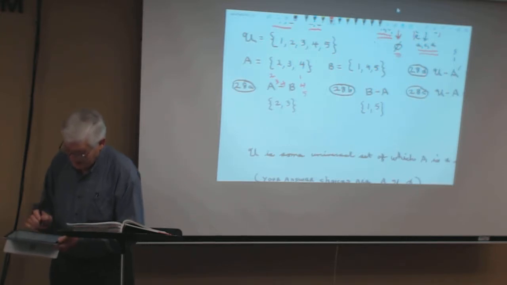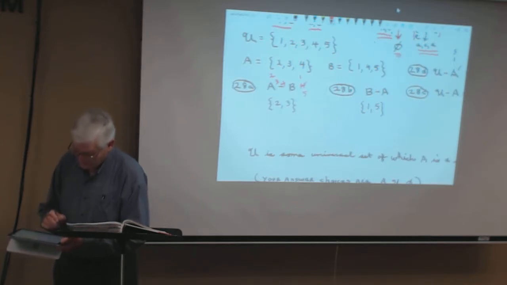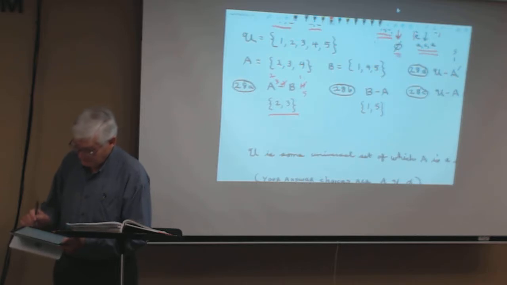So what do I subtract? The 4. There's no 1 to subtract, there's no 5, so what's left? The set whose elements are 2 and 3. Let's do 28B, B minus A. What's B? 1, 4, 5. Everybody see where I'm getting 1, 4, 5? I'm just copying down what I had up there.